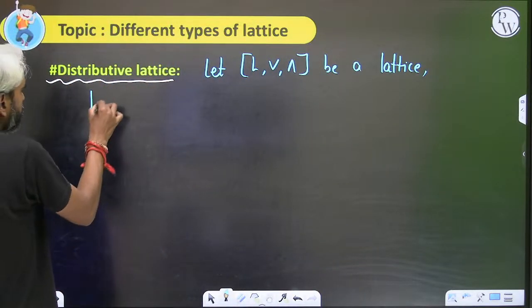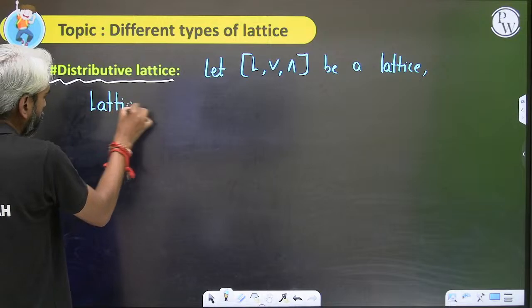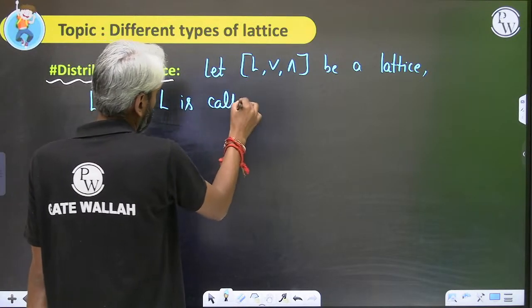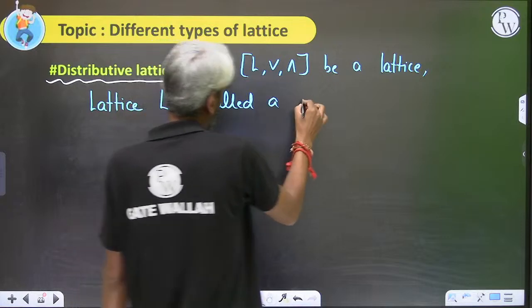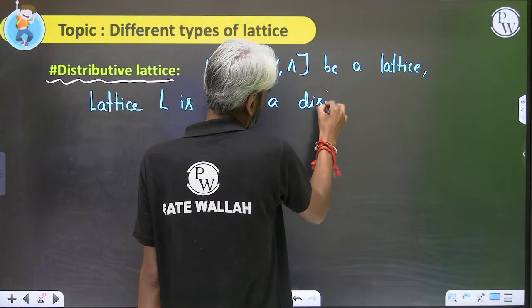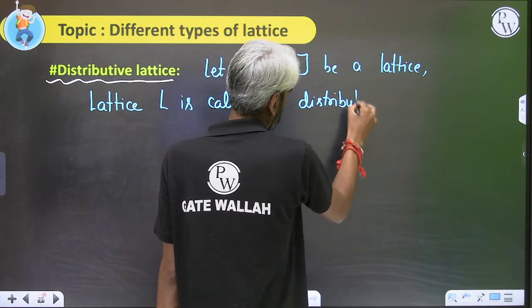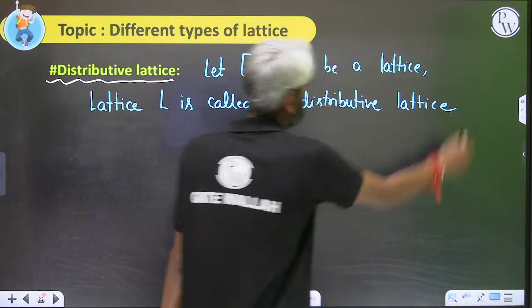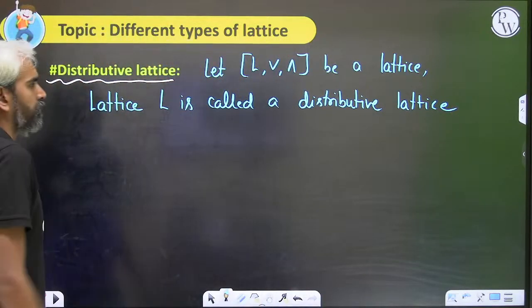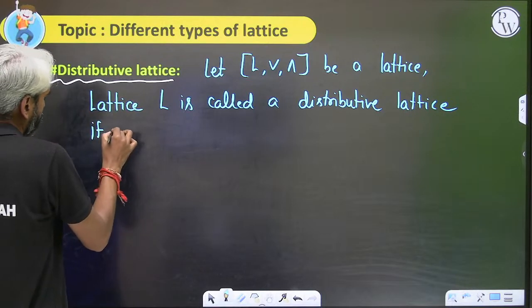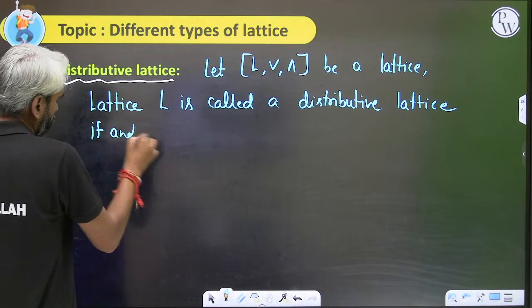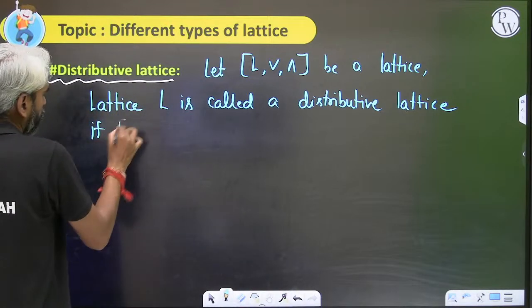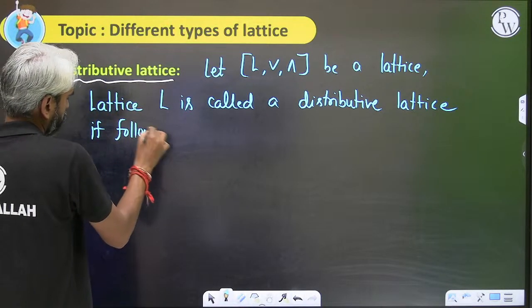Lattice L is called a distributive lattice if and only if the following properties hold true.